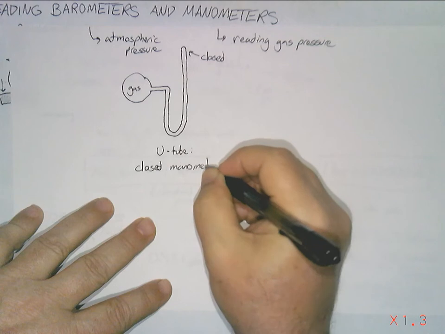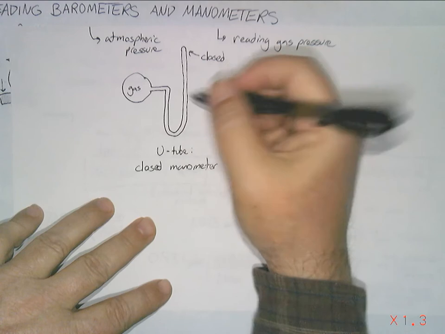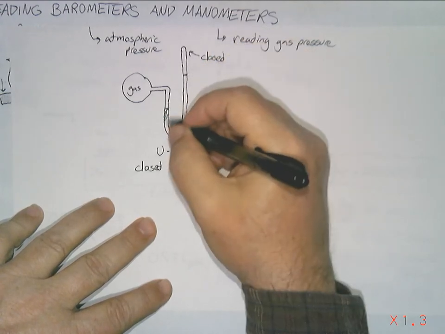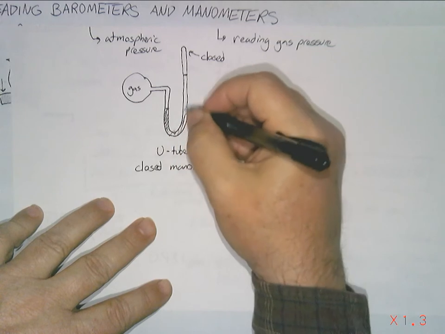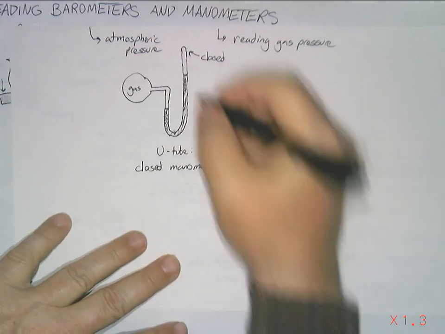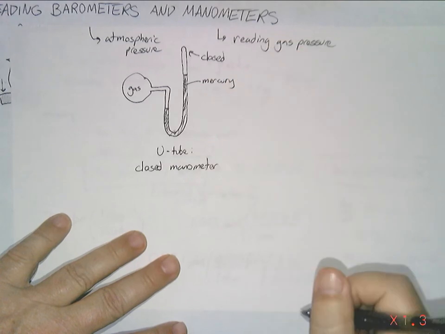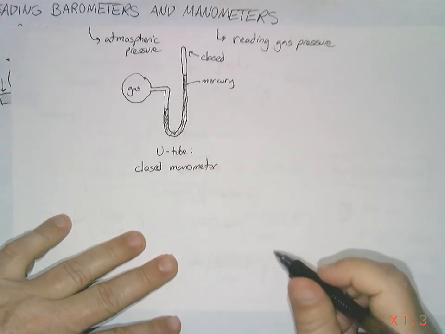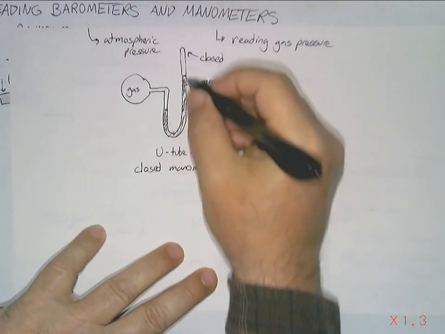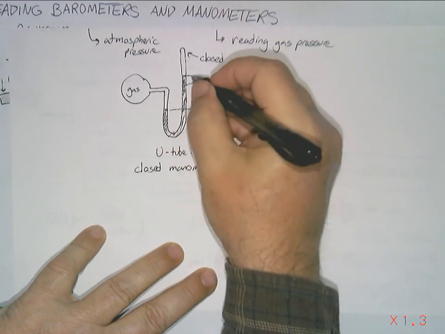Now to get it to work, to get it to actually measure pressure, I've got to have some kind of fluid trapped in the U-tube here. Usually it's mercury, but sometimes it can be oil or something else. Let's, for simplicity, assume that it's mercury, because that's often what it is. How would I read off the pressure of the gas from this U-tube? Well, I'd have a ruler or something next to it where I could read the difference in heights here.